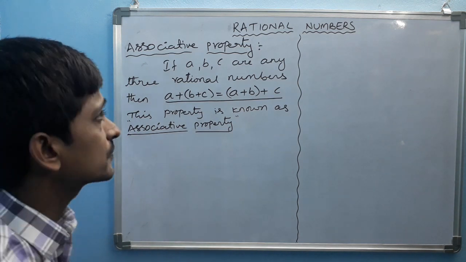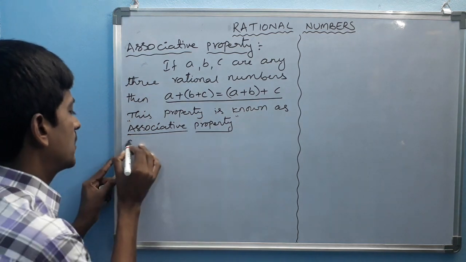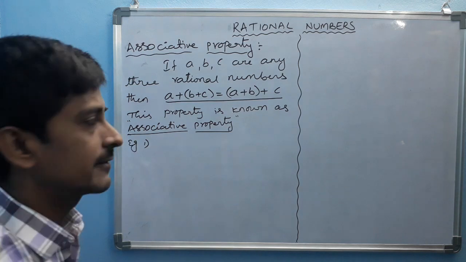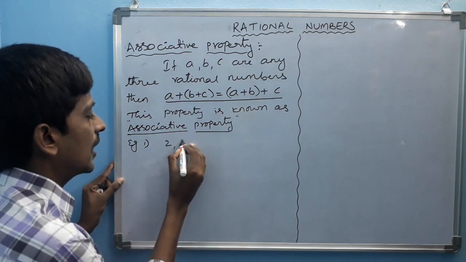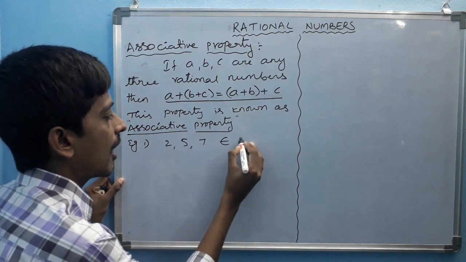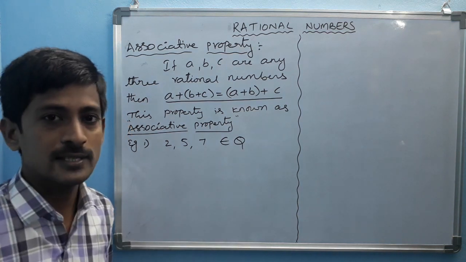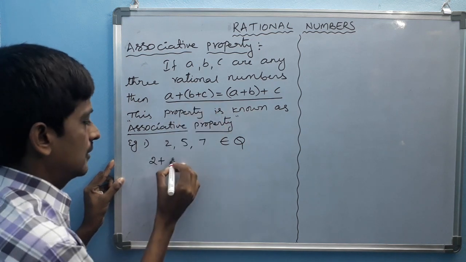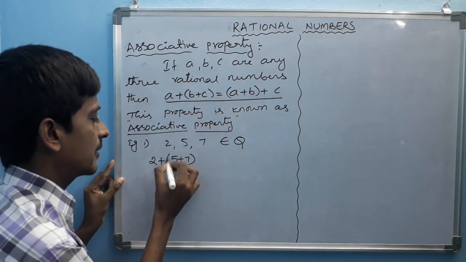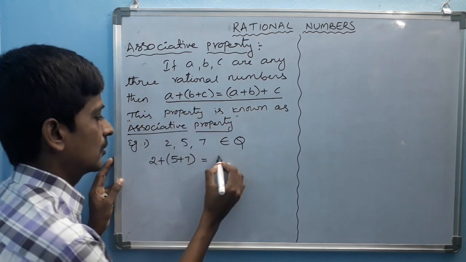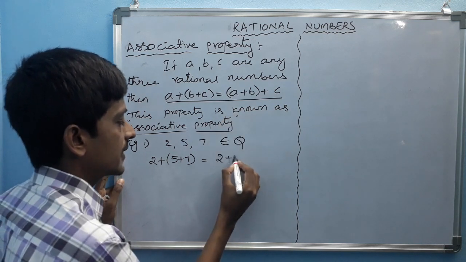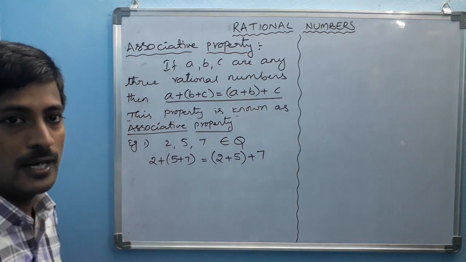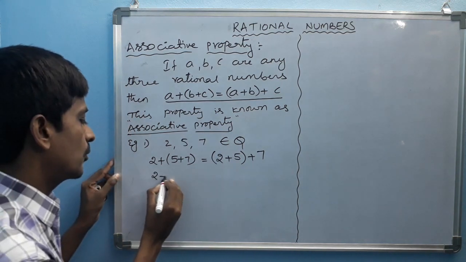Once you will check. First of all, example 1: is addition satisfied or not? 2, 5, 7 belong to Q, three rational numbers. (2 + 5) + 7 equals 2 + (5 + 7).